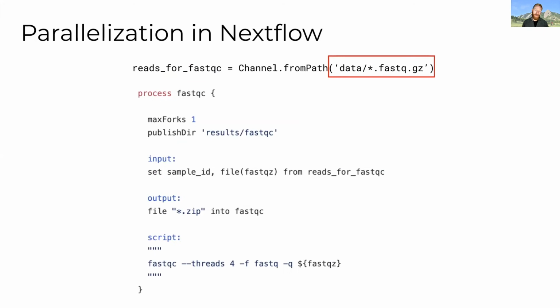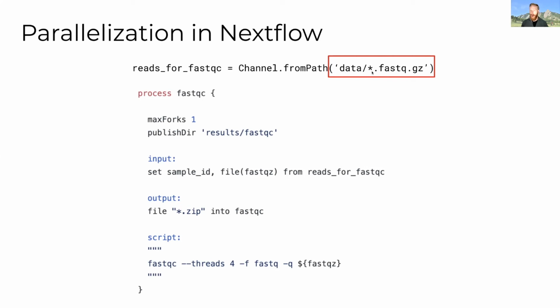And so just to show you how we create that reads for FastQC channel, this syntax at the top here is how to create a channel from some data in a directory. The command is channel.fromPath, and the cool thing is it allows these wildcards to specify lots of different FastQs at once, and that is also where implicit parallelism comes in.